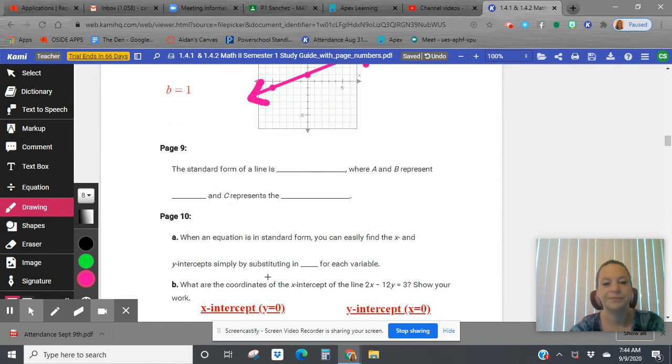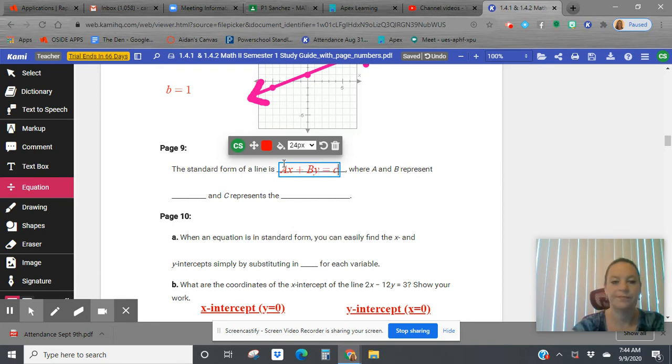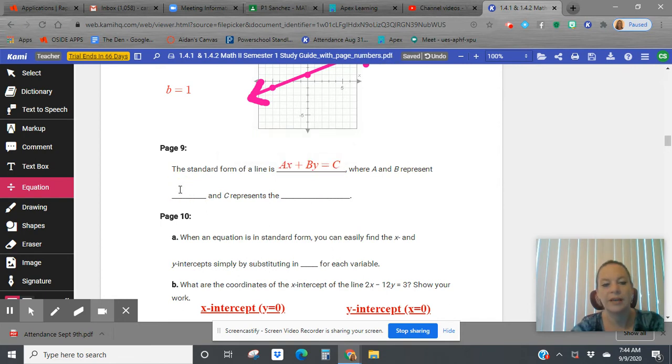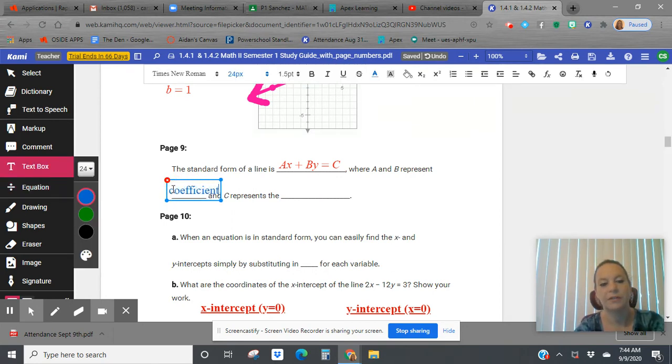And there's my line. The standard form of a line is ax plus by equals c, where a and b represent the coefficients, and c represents the constant term, or the number after the equals.